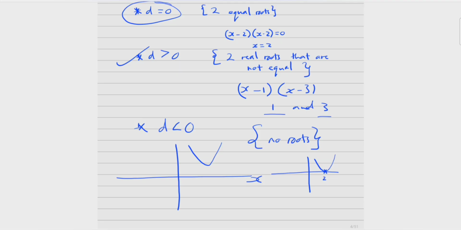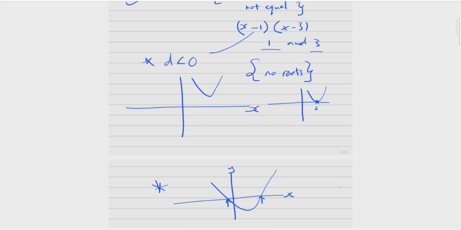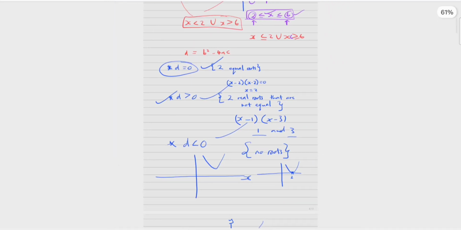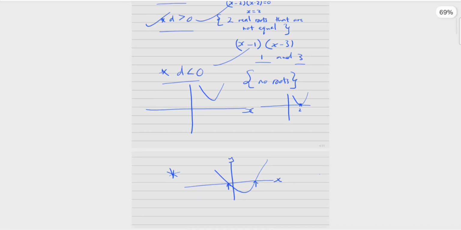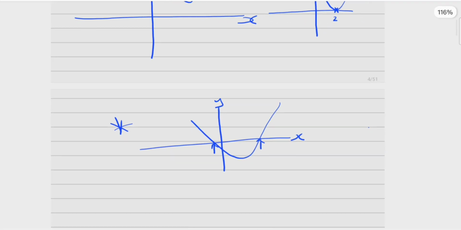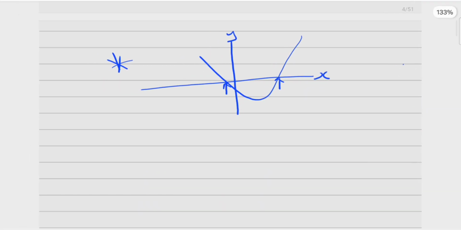So the graph or the curve is definitely crossing the x-axis, right? So now that we know what each one of these imply, let's work on a couple of examples of questions involving the nature of the roots of quadratic equations.